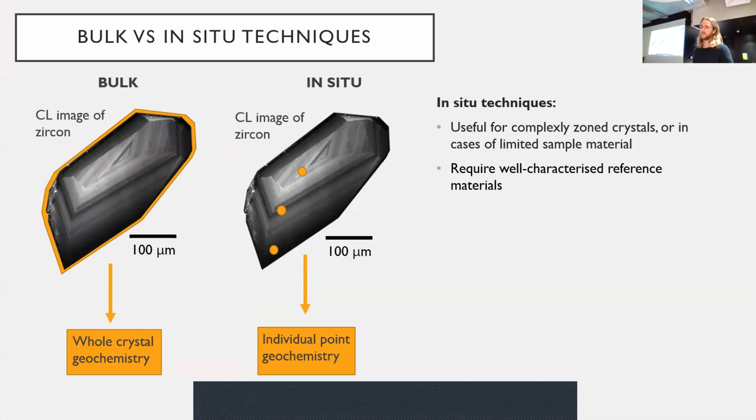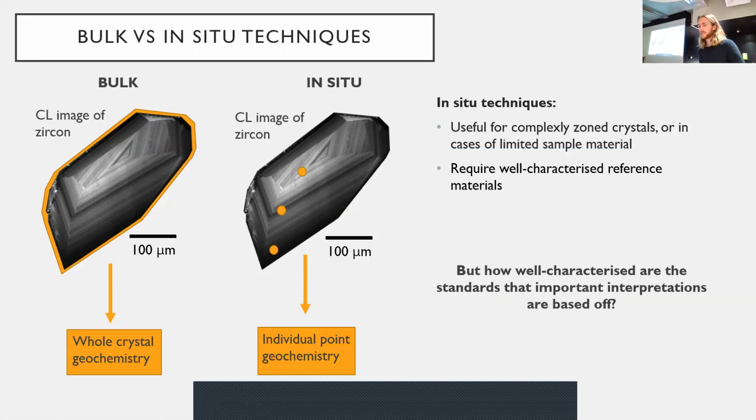This is more appropriate if you have complexly zoned crystals or in cases where there's limited material, you don't want to just dissolve all your samples. So that might be like earlier zircons or lunar zircons, for example. So in situ techniques require well-characterized, well-understood, well-known reference materials to get accurate results.